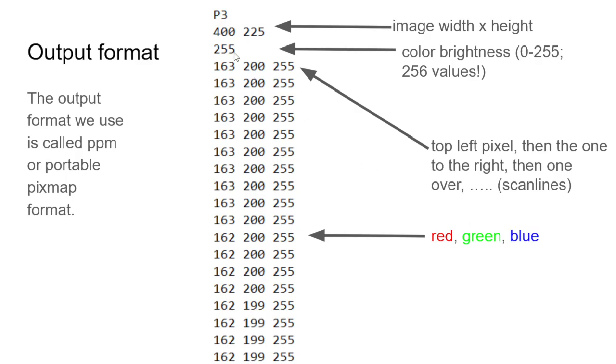We label it here P3, that it's a, honestly, I don't know what this means, so let's skip that. But we have an image width and a height here in the second row. And then in the third row, usually for color intensity, we want 256 values. So we're going to go from 0 to 255 inclusive.